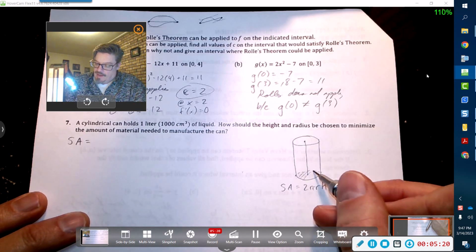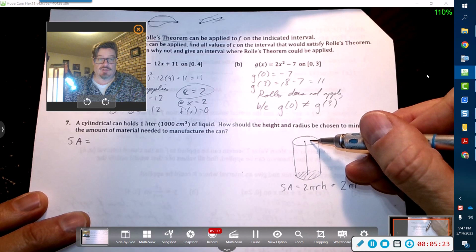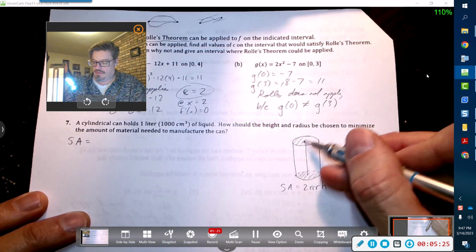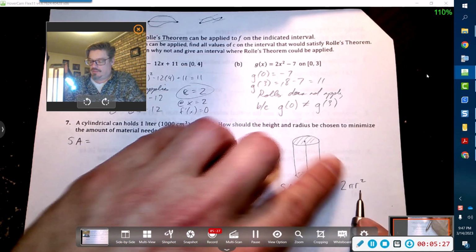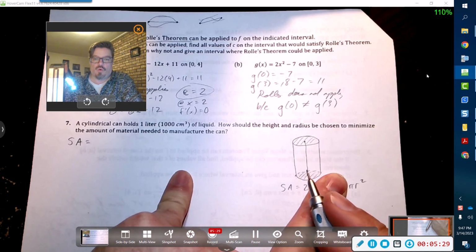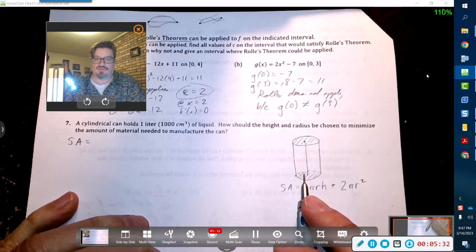Here's the pi r squared, but you've got two of them that you have to have material for. That's where this guy comes in. So that is the area of one of them, but because you got two of them, that's the surface area of both the top and the bottom.